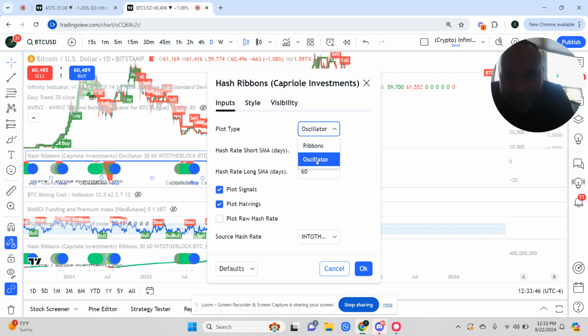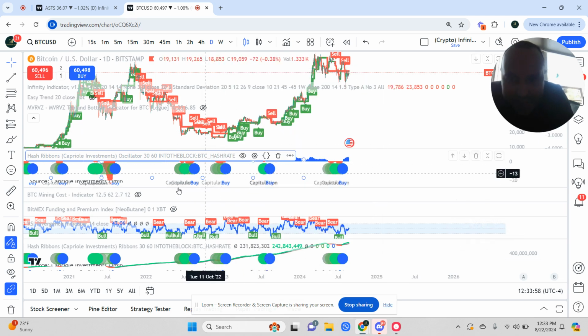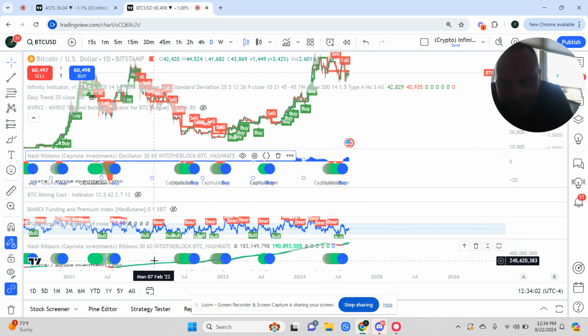I like it on an oscillator, and that's all that I changed. It should look something like this. This is the ribbons; it just kind of looks like that. It kind of does the same thing, but for me, I'm an oscillator type guy.